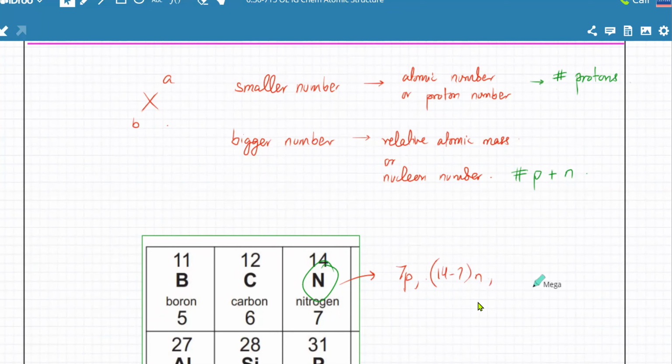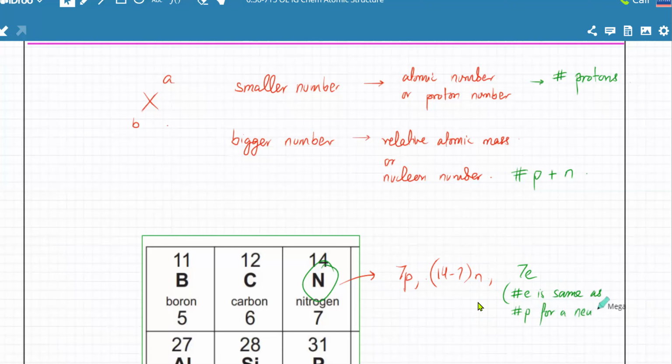And what is the number of electrons? The number of electrons is usually the same as the number of protons for a neutral atom.